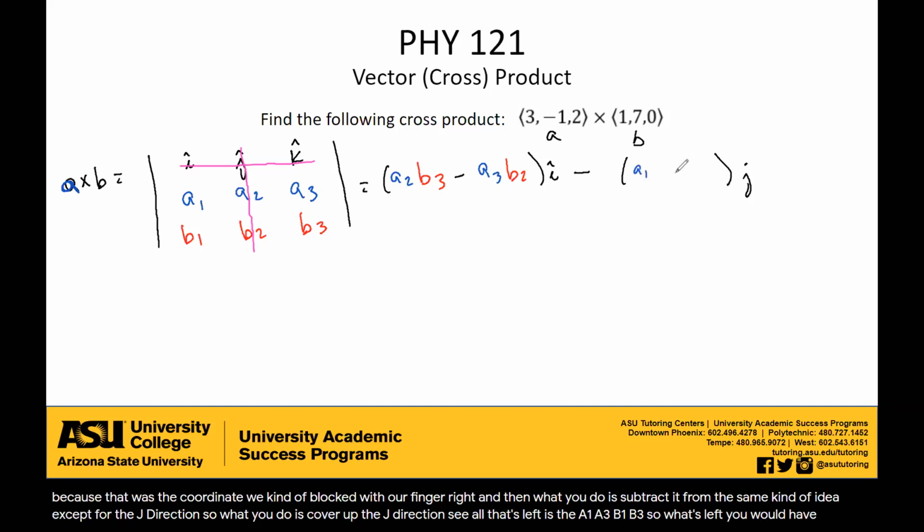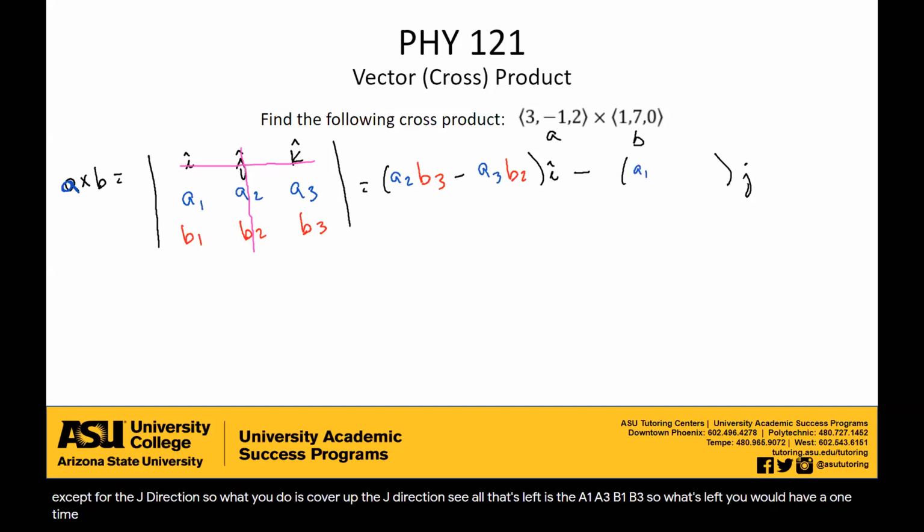You would have A1 times B3, subtracted from A3 times B1. A3 and B1. See how this is very, very tedious, right?